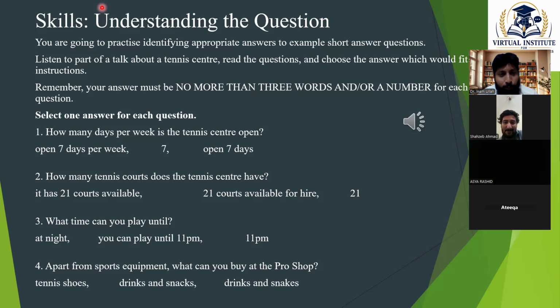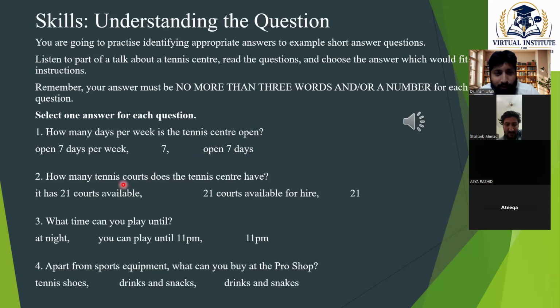Okay. Open 7 days per week. You haven't read the instructions. The instructions were no more than 3 words. How many words are there? 1, 2, 3, 4, 5. Your answer is automatically wrong. Yes, sir. Open 7 days, maybe. Yes, open 7 days. Yes. Asya, you are right.